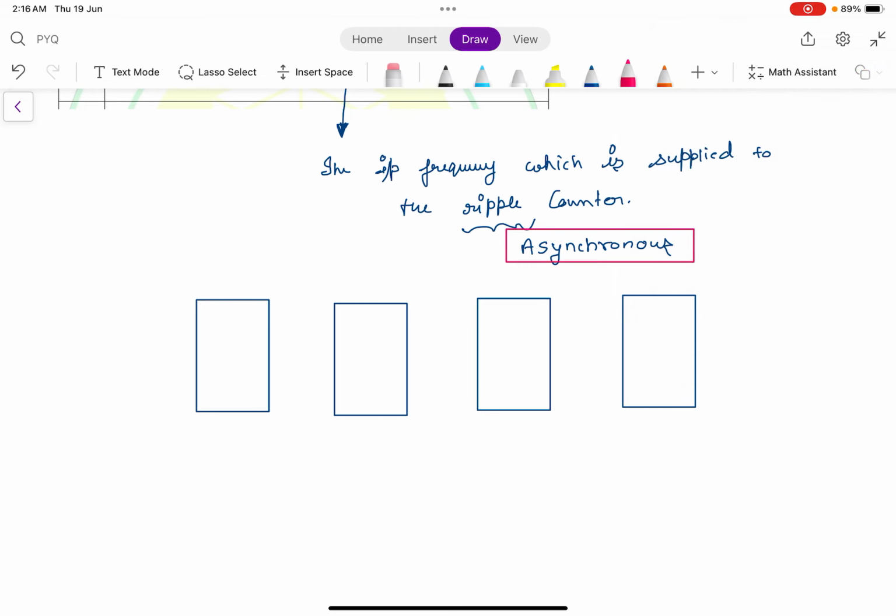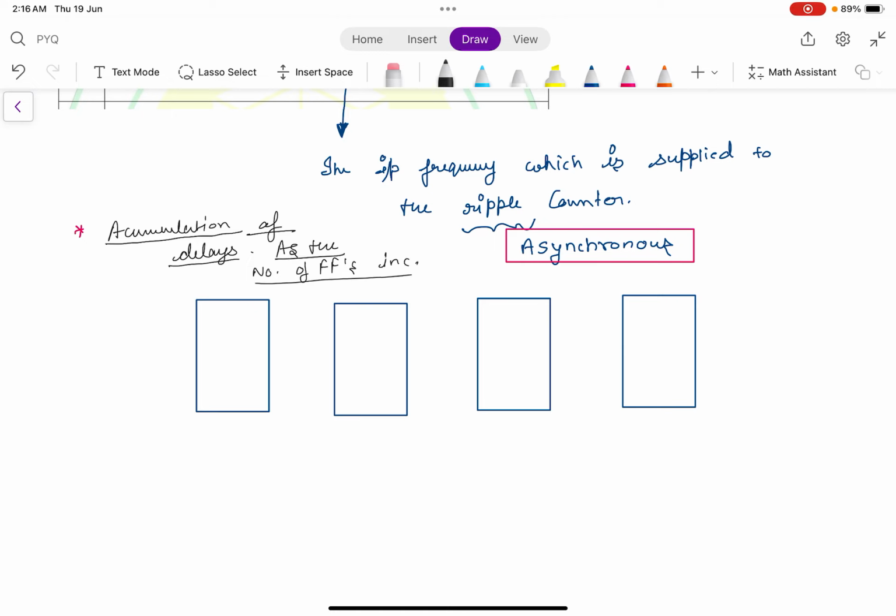Ripple means, I would tell you about the exact meaning of ripple. It means accumulation of delays or anything else that could be accumulated as the number of flip-flops increases.